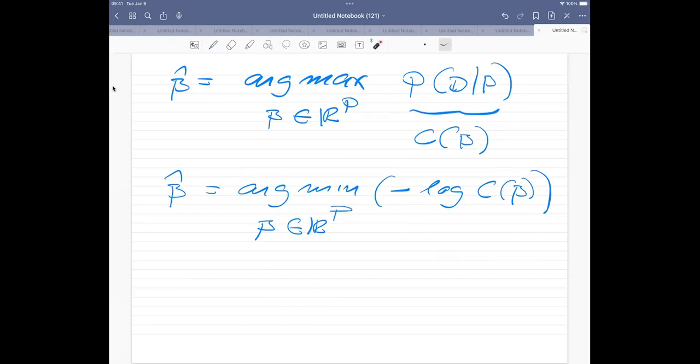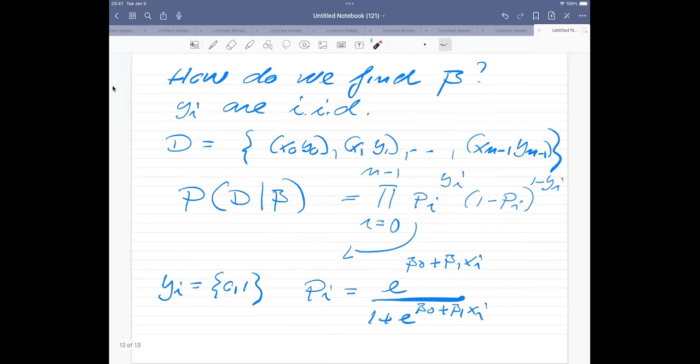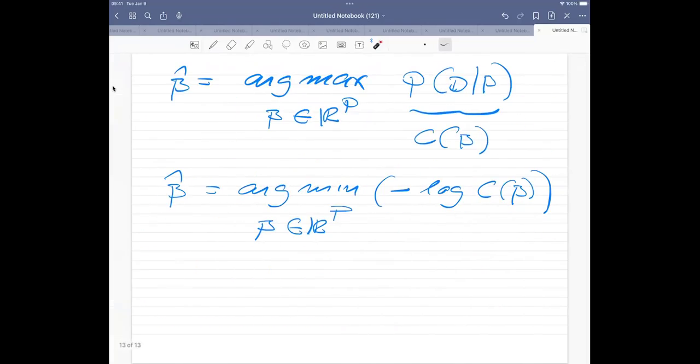So if I take this expression here and we go back to what we have plugged in, which is this expression, we are taking the log here, so that gives us a sum. The first term is just going to have a y_i times p_i multiplied with the log of this quantity. So we are now going to calculate the cost function as a log.